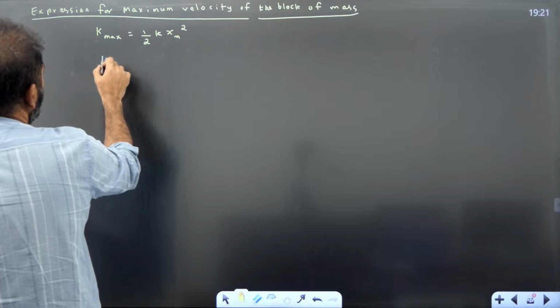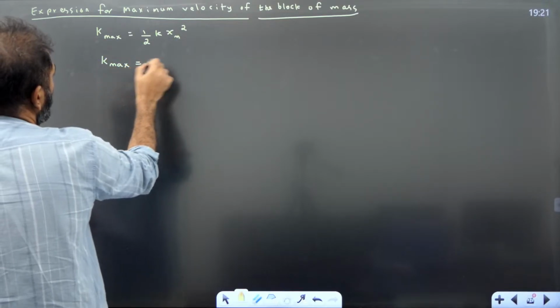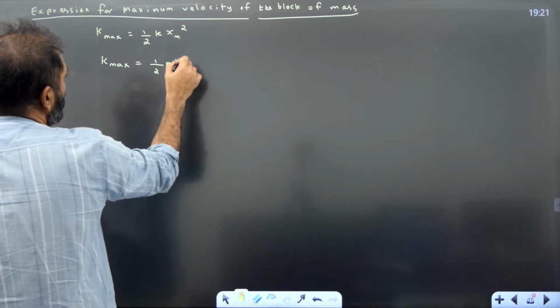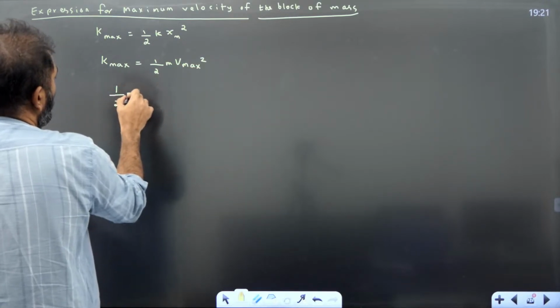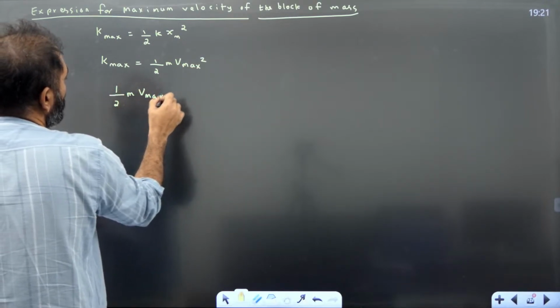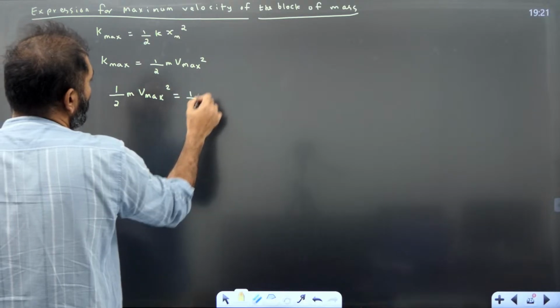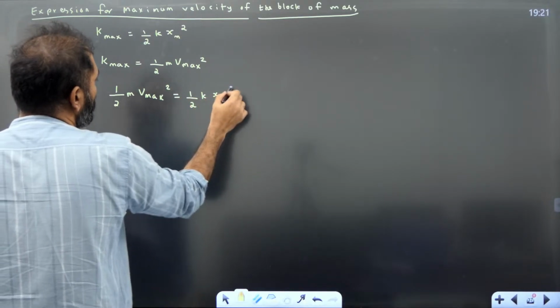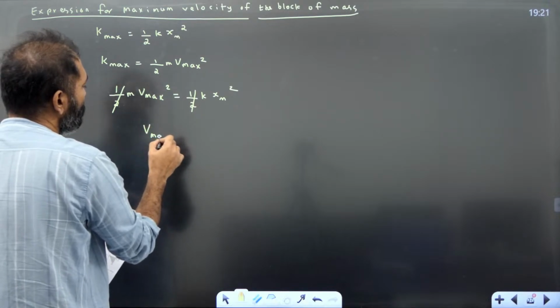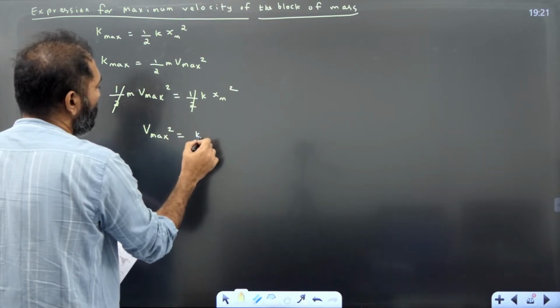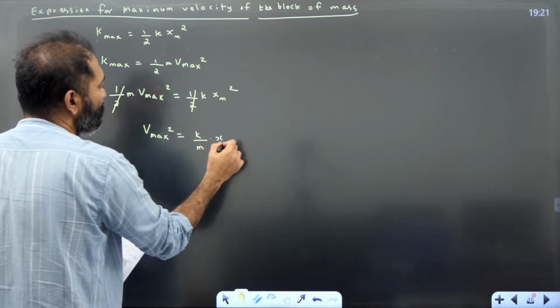And K max is also half m V max square. So equating, half m V max square is equal to half K x suffix m square. Half gone, so V max square is equal to K by m into x suffix m square.